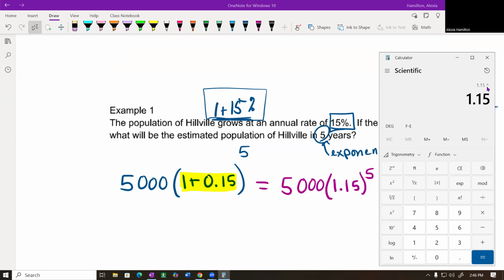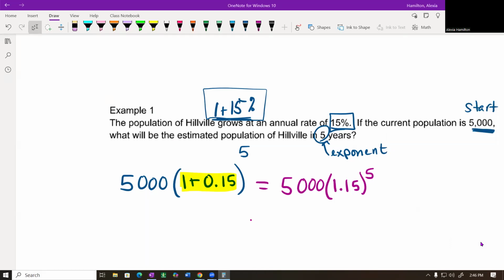It gives me the caret, which is what I would press on my calculators in my classroom. To the 5th, equals. Okay, now I'm not going to write all of that, but I'm not going to clear it either. I'm just going to keep that in my calculator and then multiply by 5,000, because the calculator will store that number for a very brief amount of time. And then I don't have to round it.